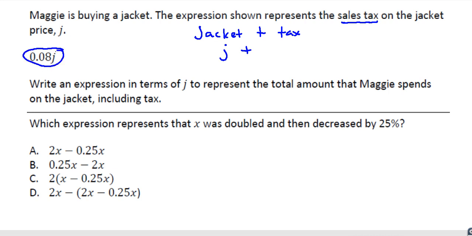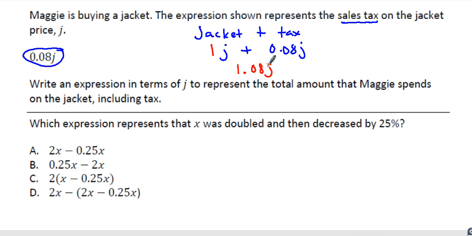So this expression is the sales tax. So that'll be J plus 0.08J. So I can write it as J plus 0.08J, or because these are both J's, I could very simply say that this is one whole J. So if I thought about this as one whole J, that'll be 1J plus 0.08J, so that'll be 1.08J.